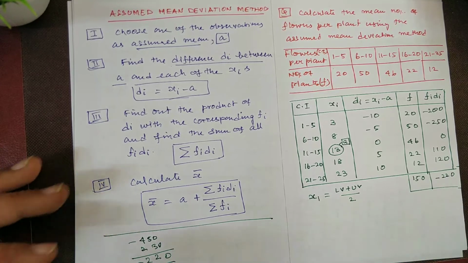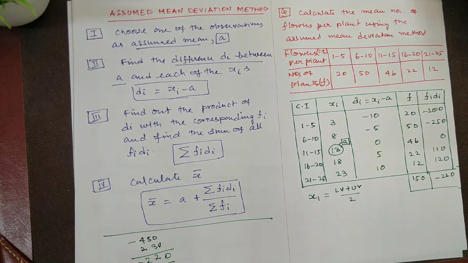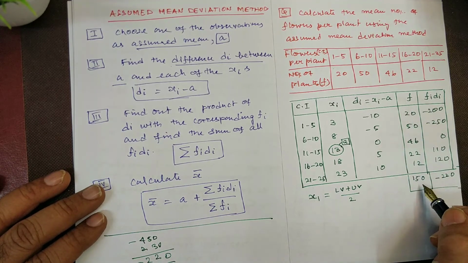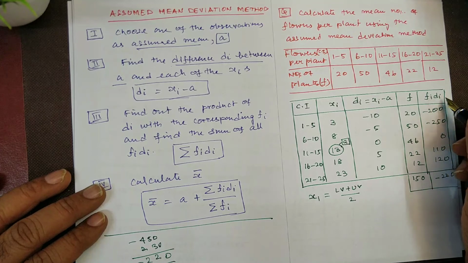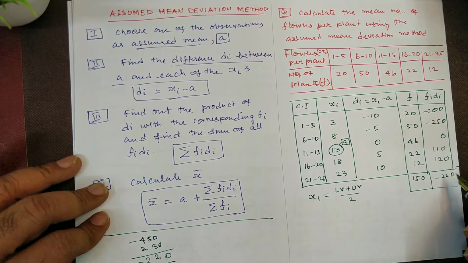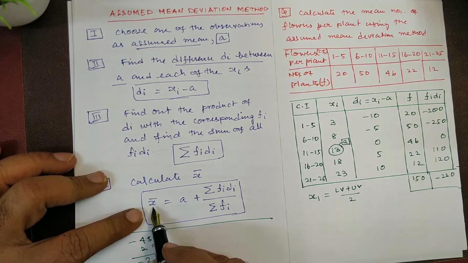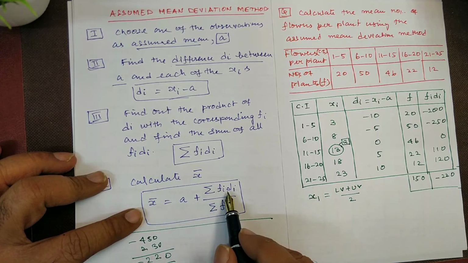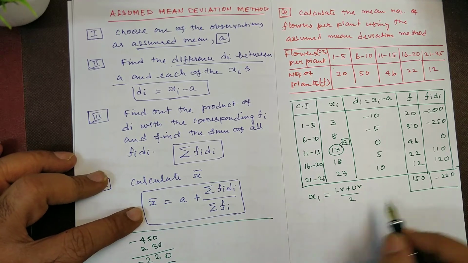Now we have the sum of fi as 150 and the sum of fi di as minus 220. So what is the formula? X bar is equal to A plus sum of fi di divided by sum of fi. We substitute these values.